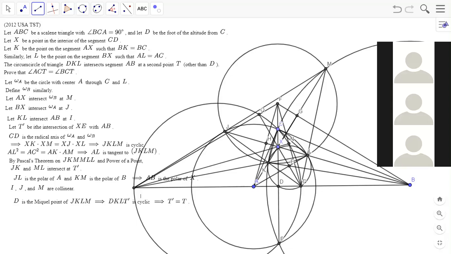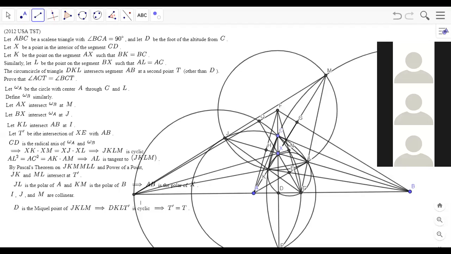Hold up. This problem's making me dizzy. There's just so much stuff. Okay, F, C, X, and P are harmonic.